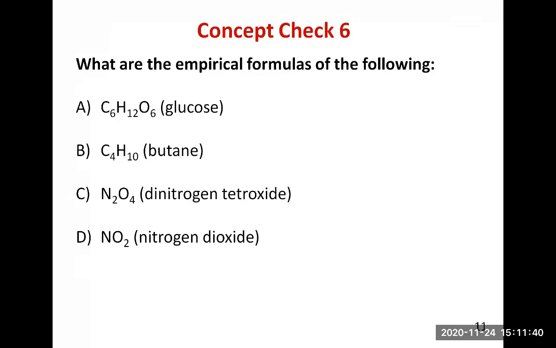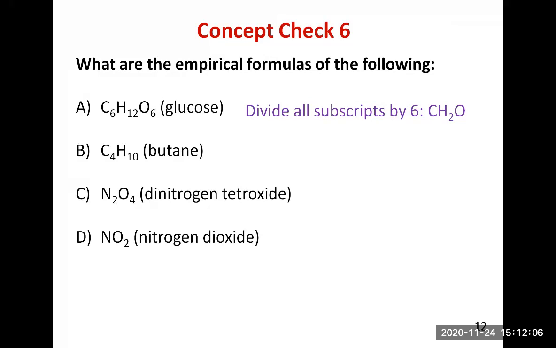And here the smallest subscript is 6. So dividing 6 by 6 is going to be 1, 12 by 6 is going to be 2, and 6 by 6 is going to be 1. So the empirical formula for glucose is CH2O. So the molecule has one carbon for one oxygen and two hydrogens.